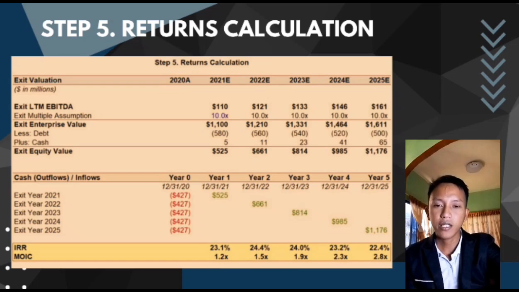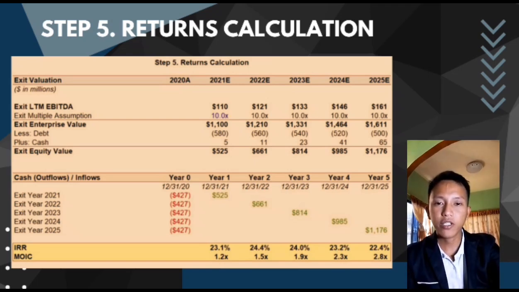As you can see, in the debt for 2021 it is 580. We get that from the debt schedule, where the revolver ending balance is 0, the term loan B ending balance is 380, and the senior notes ending balance is 200. So let's add that to get 580.